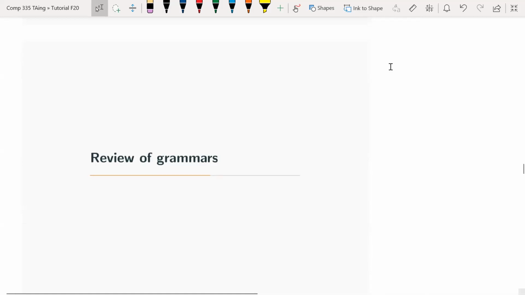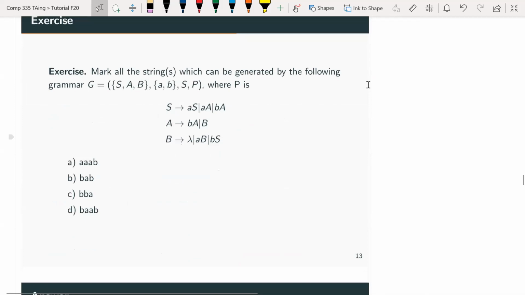Okay, so I have the following grammar here, G, and I want to know which of the following strings are going to be generated by G. The first thing that you can check for questions like this is, is G regular? Because if G is regular, then it actually makes your searching a bit easier, just because of the properties of regular languages, and sometimes you can find some tricks that are going to help you.